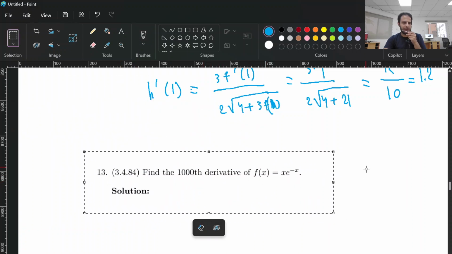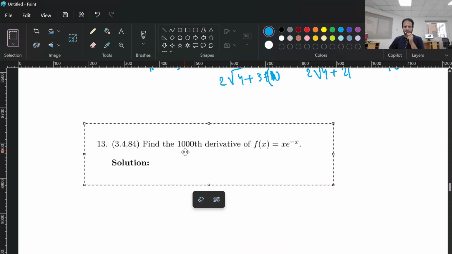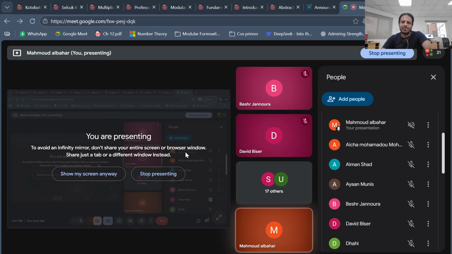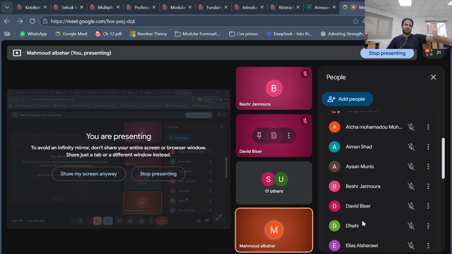Do you think we have enough time to find the thousandth derivative of f of x equals x e to the minus x? Do you think we have time, or there is a clever idea that we can solve this very fast? What do you think? What do you think, Dahi?